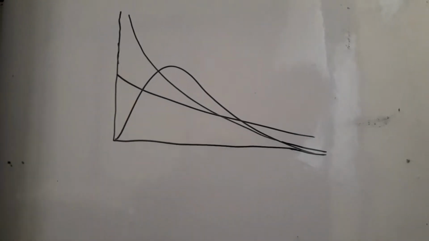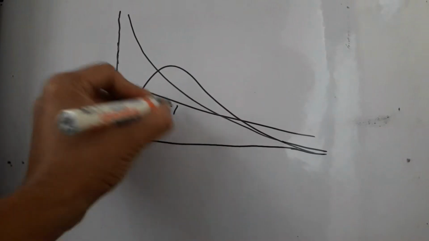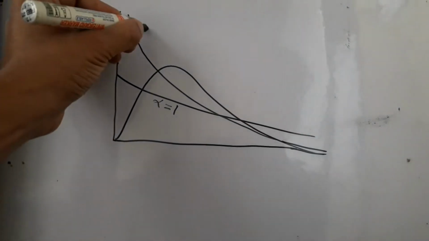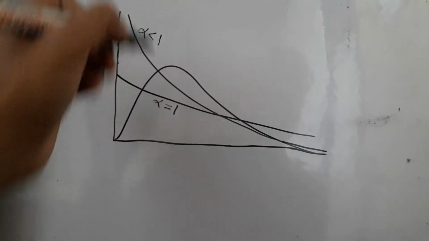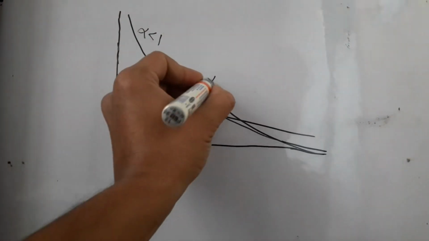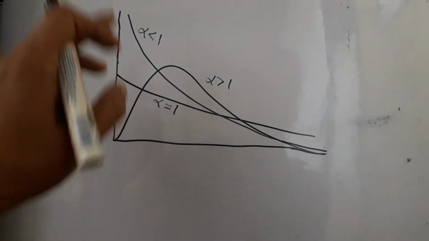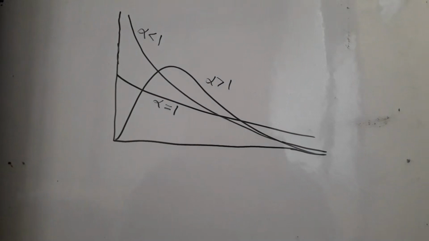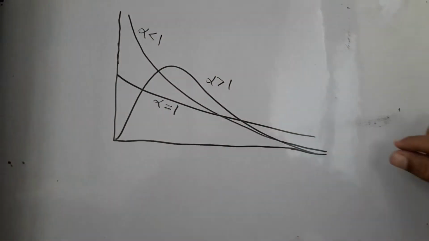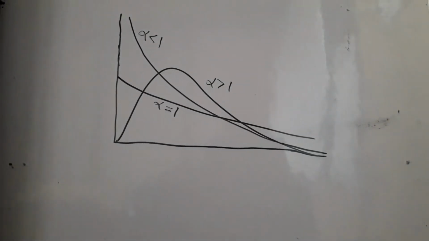This is why alpha is called the shape parameter. When alpha equals 1, you get just the exponential. When alpha is less than 1, of course greater than 0, then it is unbounded here. And when alpha is greater than 1, you get something like a knee. P, the rate parameter, only controls how fast the decay is. The higher the p, the faster the decay you have.